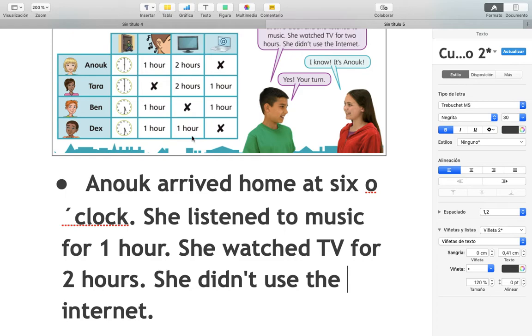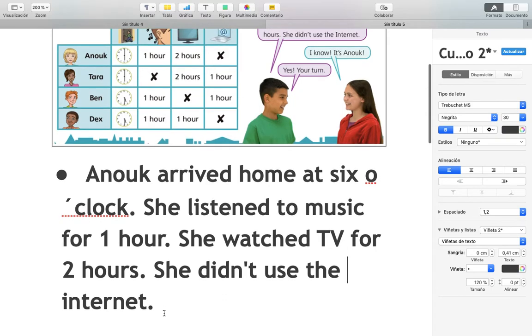He watched TV for 1 hour. And he didn't use the internet. That's what we must do. Esto es lo que tenemos que hacer. Ahora voy a poner aquí la corrección. ¿Vale? Voy a poner aquí la corrección.